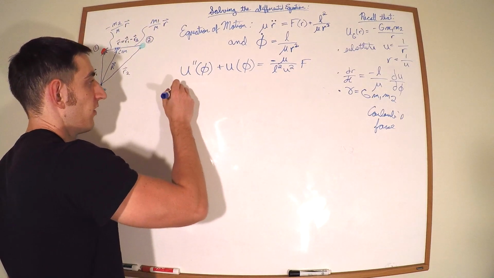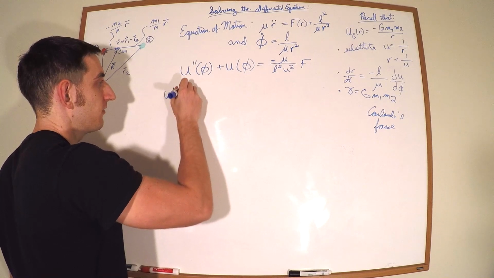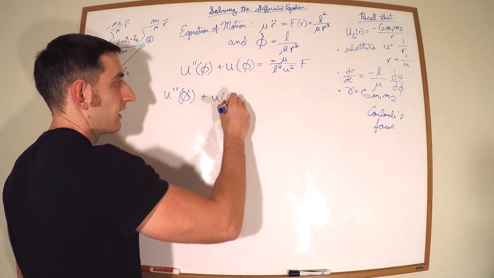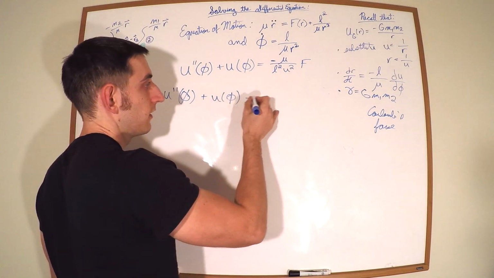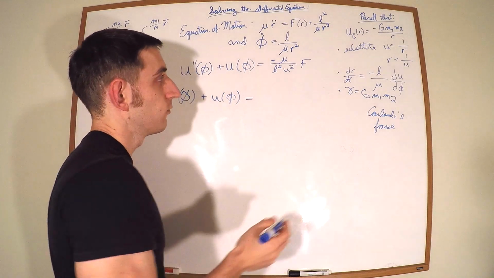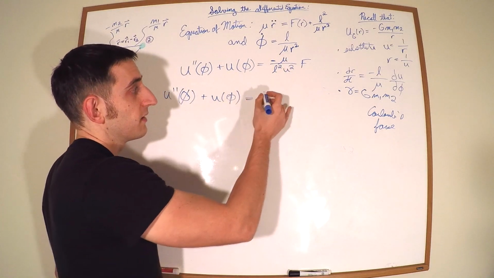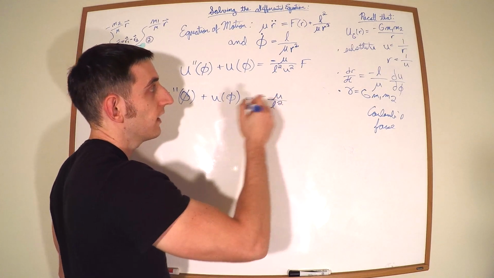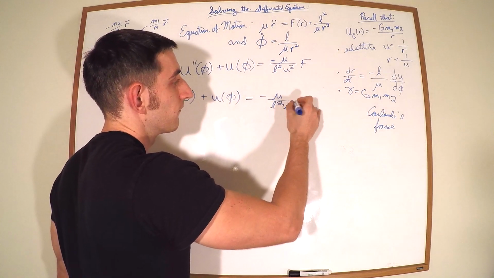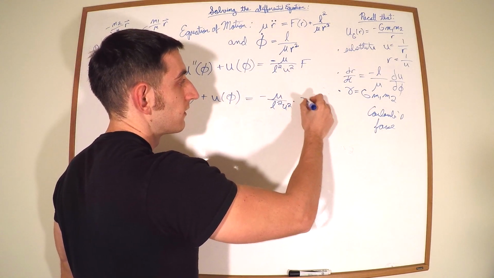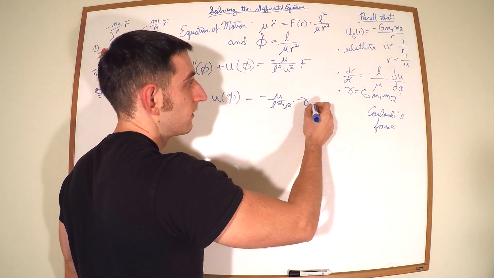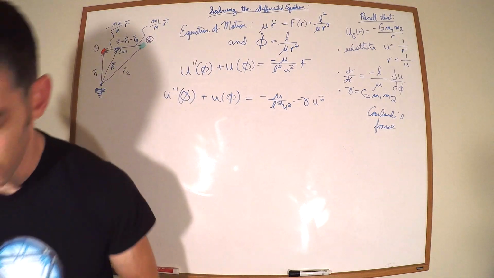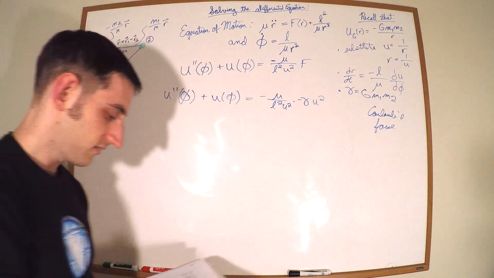So this becomes u'' of phi plus u of phi, I'm liking these curly lines today, and that is equal to, well, let's throw this guy in. So this is going to be negative u over L squared u squared times negative gamma u squared. That's what we got, right, guys? Let's double check. Yes, yes, yes, yes, yes.